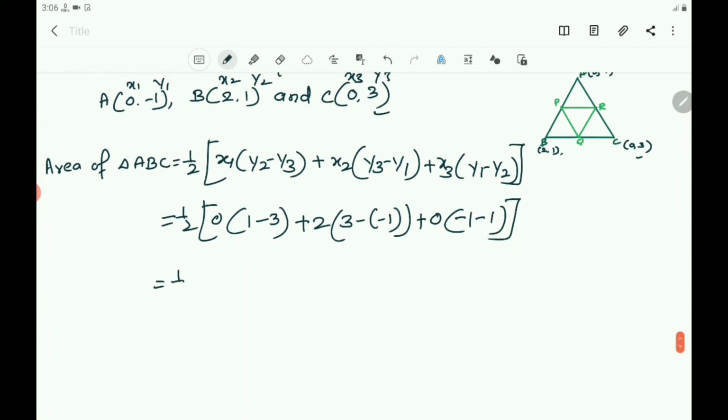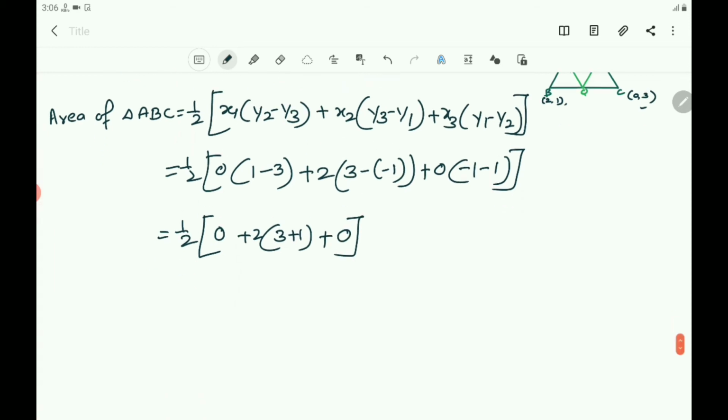Then 1 by 2, 0 into 1 minus 3 is 0, plus 2 into 3 minus of minus 1 is 3 plus 1, plus 0 into minus 1 into minus 1, again you will get 0 only here.